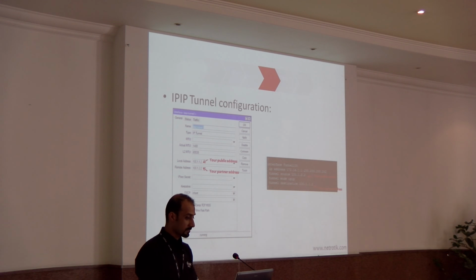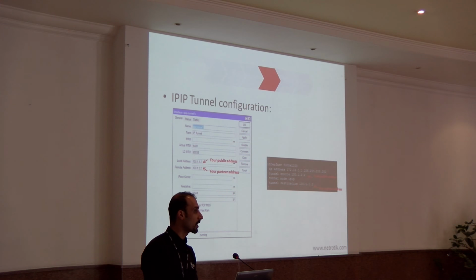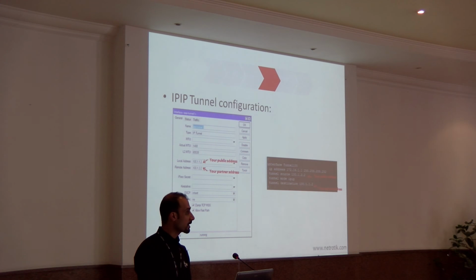It's not mandatory, but you can leave the default name. The important things are the local address and the remote address. The local address is your public IP address, and the remote address is your partner's public IP address that you can ping from the internet.